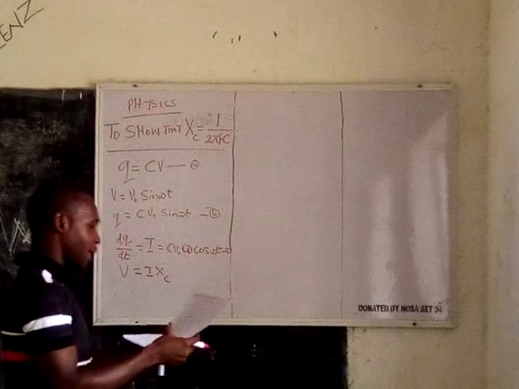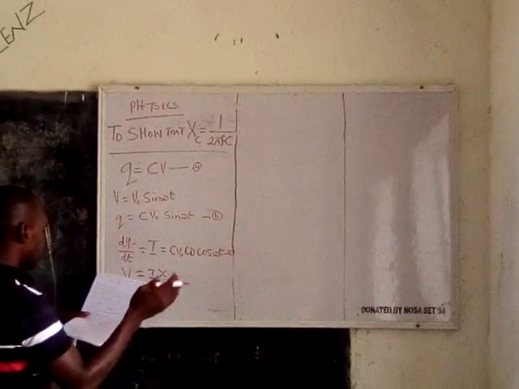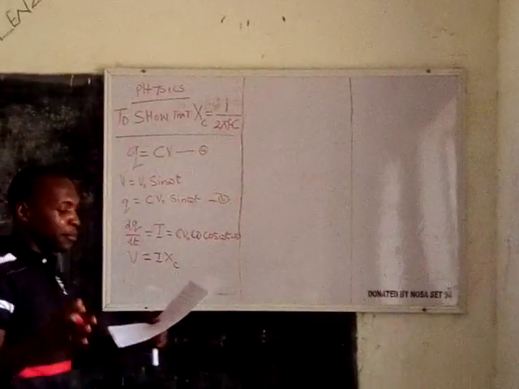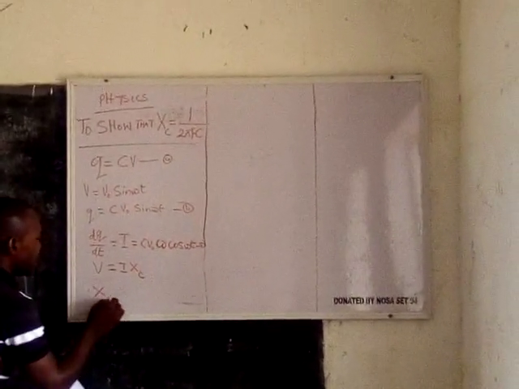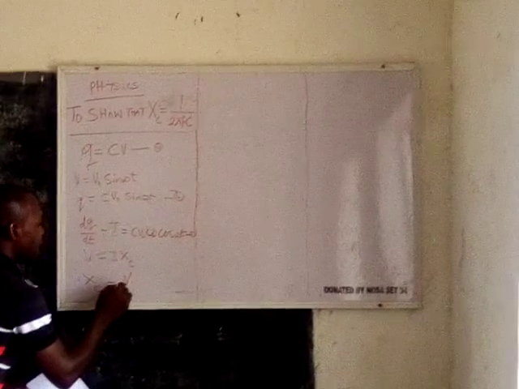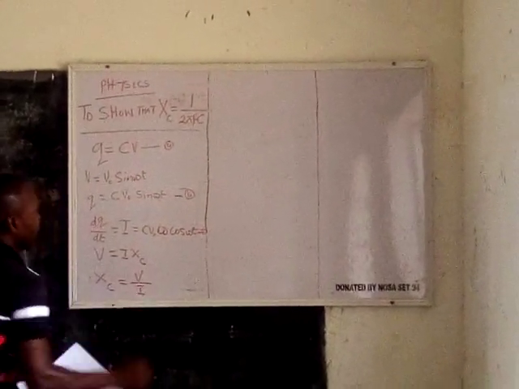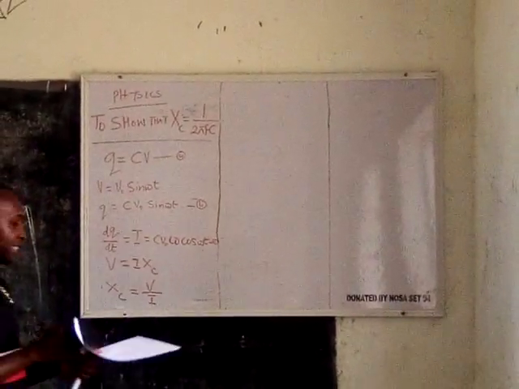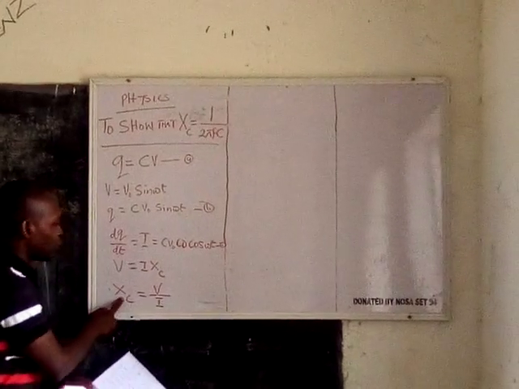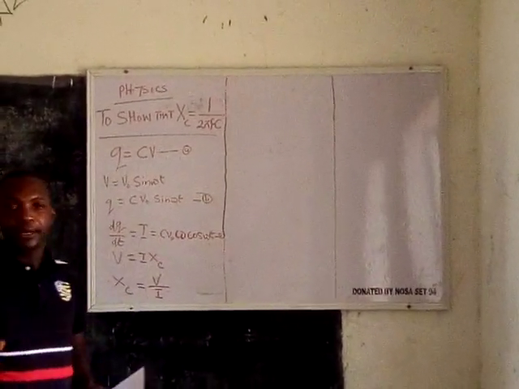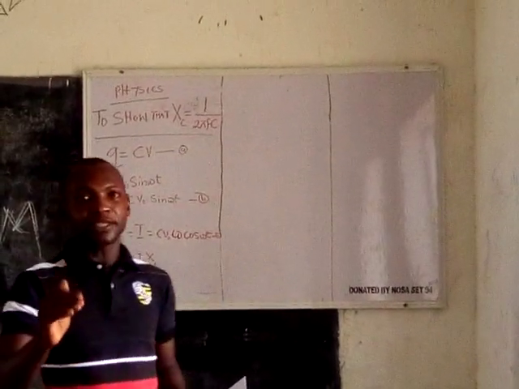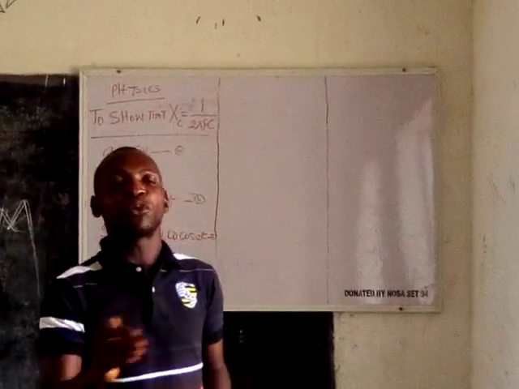If we make Xc the subject of the formula, you will have that Xc is equal to V over I. Remember, this is from Ohm's law. The product of current and resistance is always equal to the potential difference.